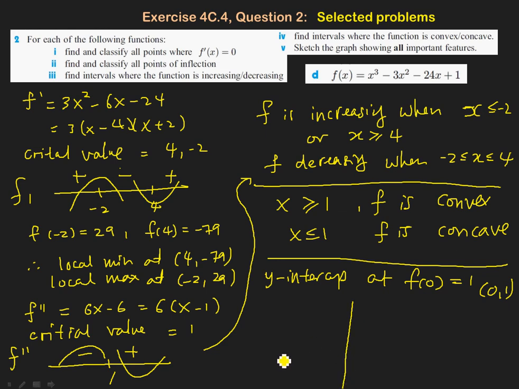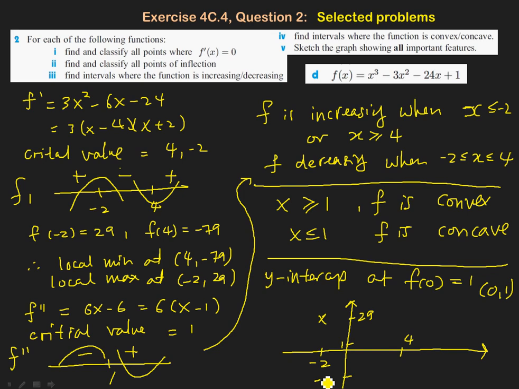Now I probably won't be able to do a good sketch, and I'll tell you why. So I plot all the key points, the maximum and minimum. Here's the maximum. 29 is not according to scale, so don't worry, it's just a sketch.